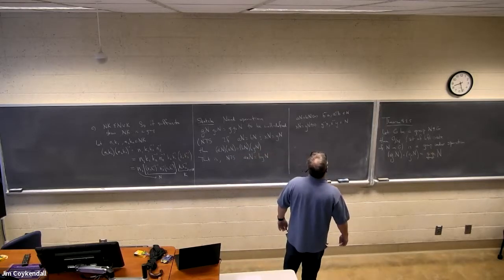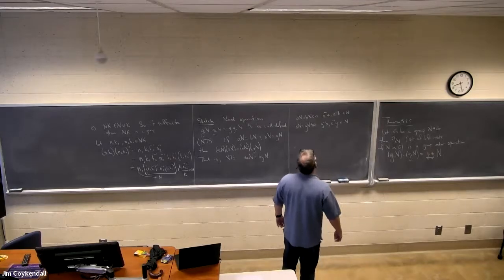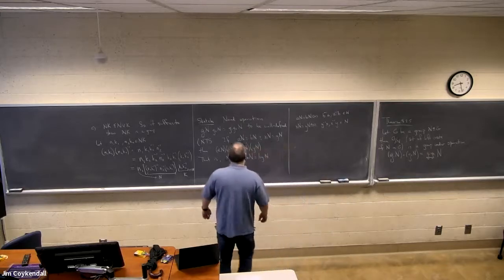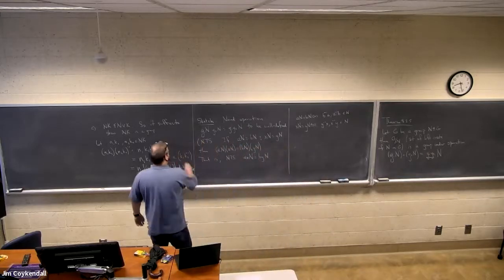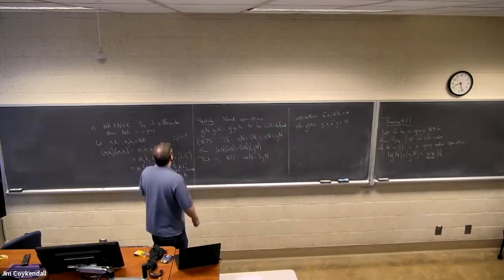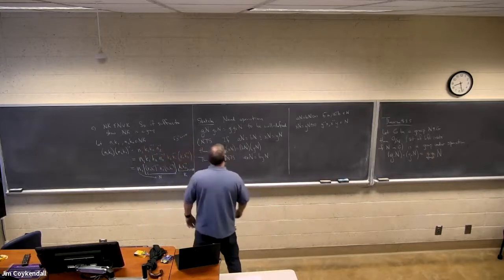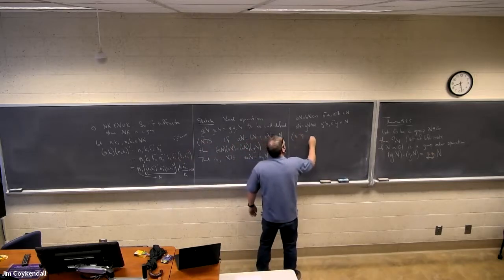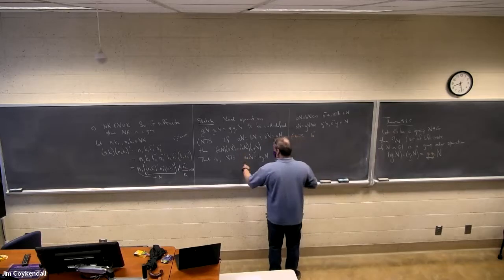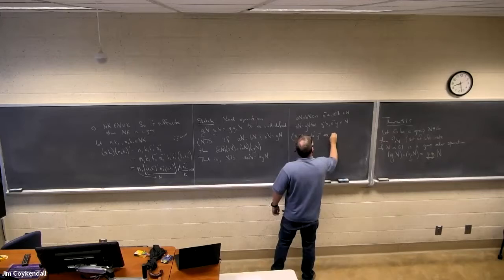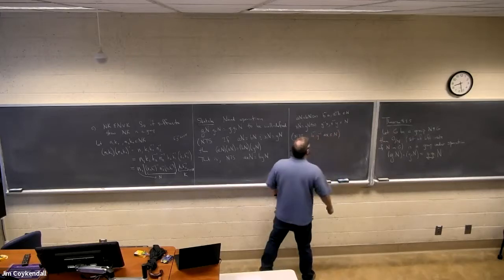So let's see what we can do with this. Probably take one. So what this means is, I guess what we need to show is B inverse, Y inverse, AX.